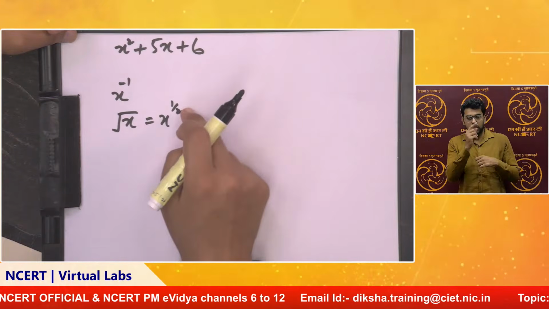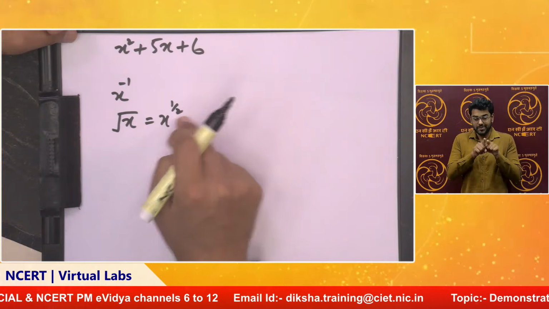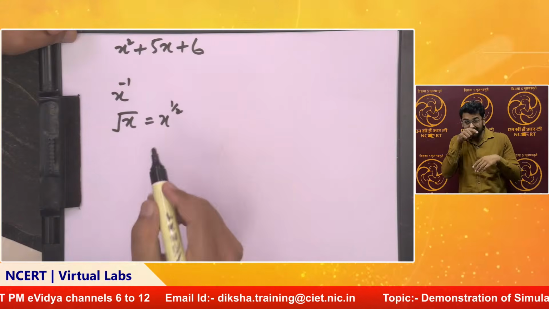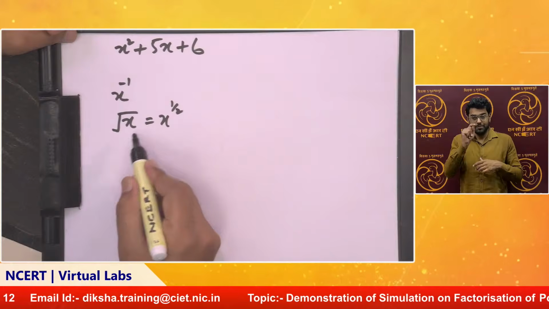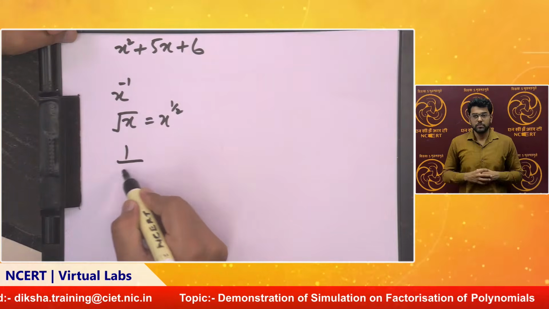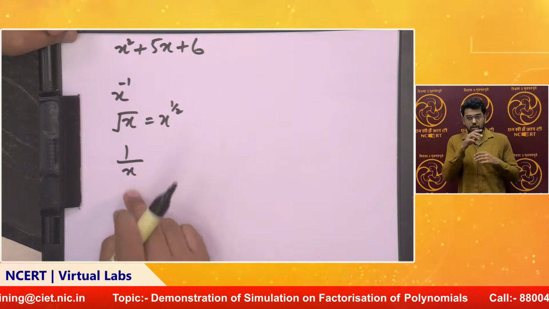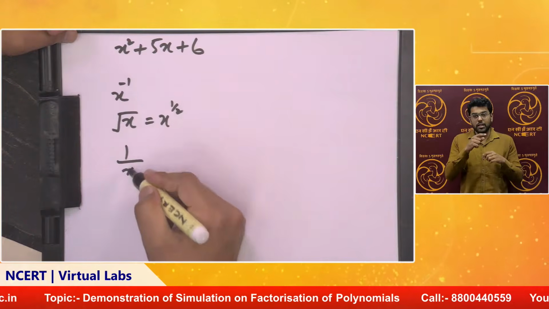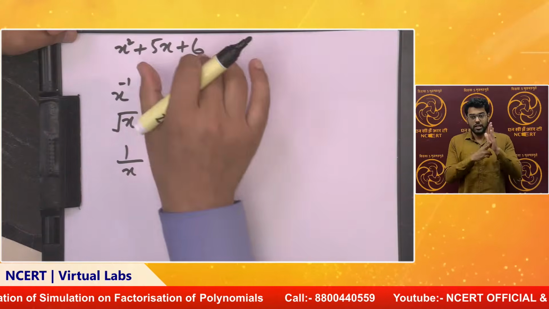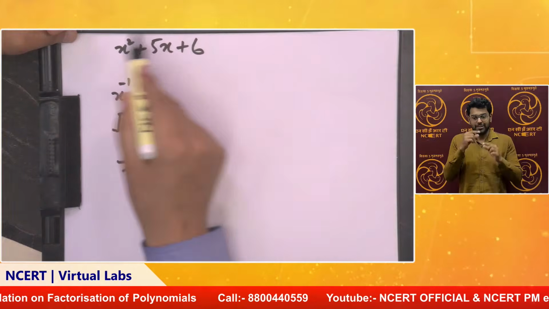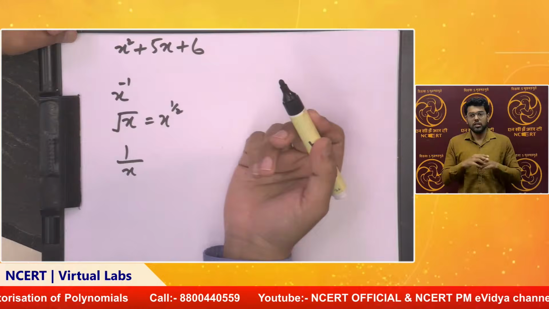There should be no exponent like these fractions, no negative exponent, and these are the main conditions. Or we can say this variable should never come in the denominator. This is actually equal to the first condition. So these are the conditions we have to keep in mind while expressing a mathematical expression as a polynomial.